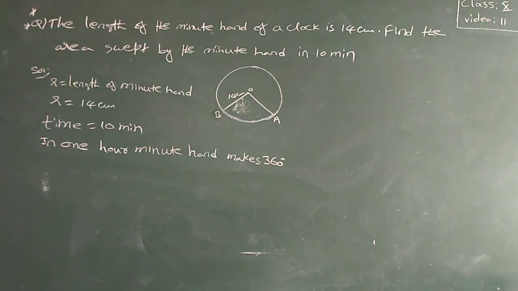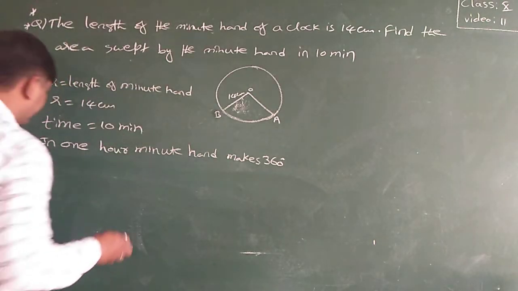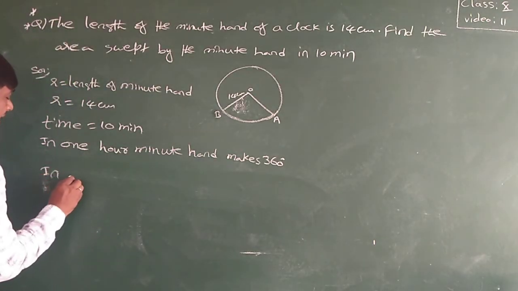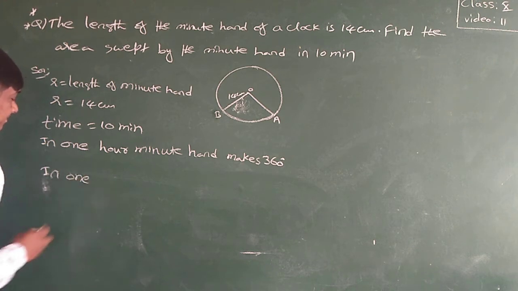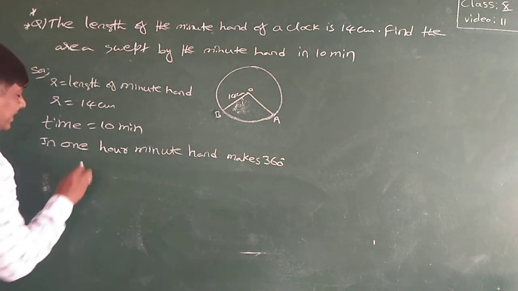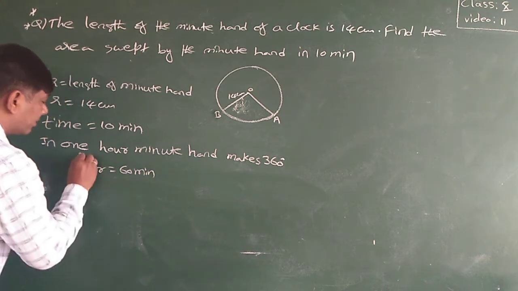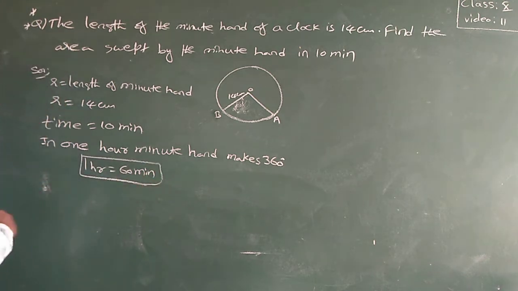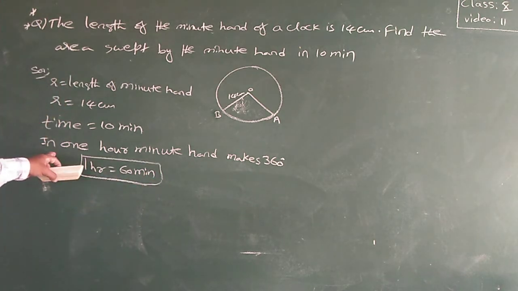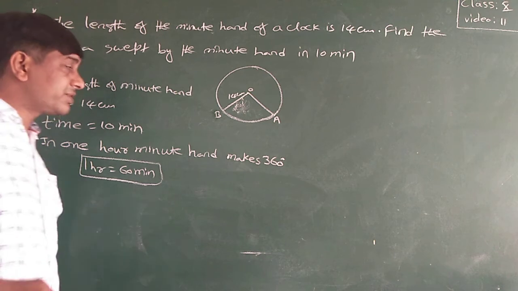Sorry for that correction, I repeat. 1 hour is equal to 60 minutes. Please correct that.